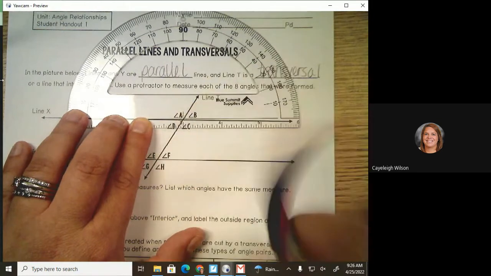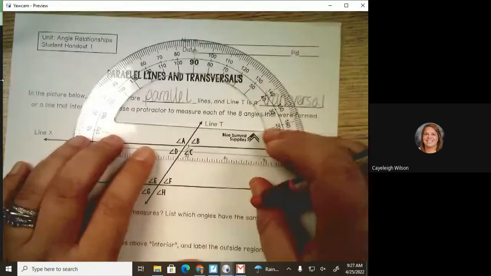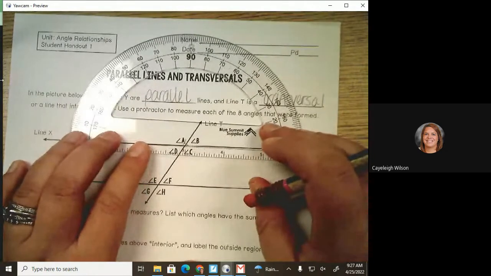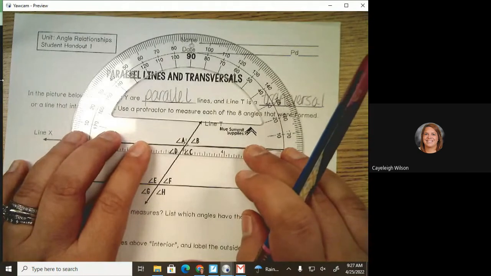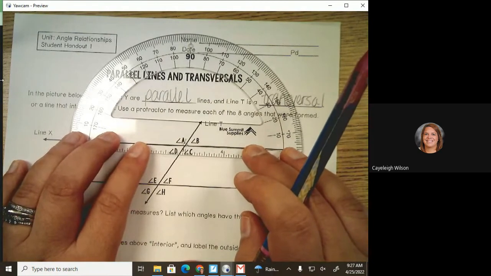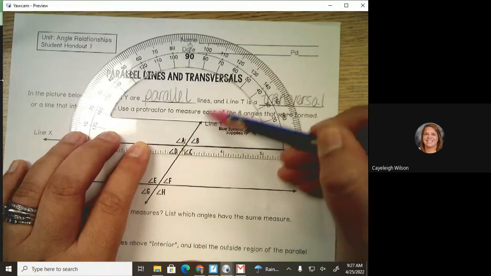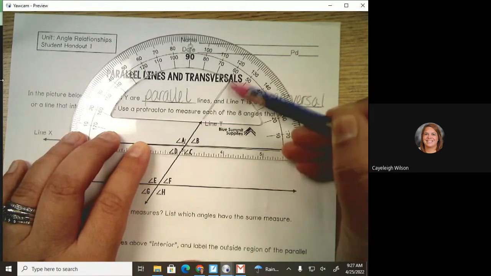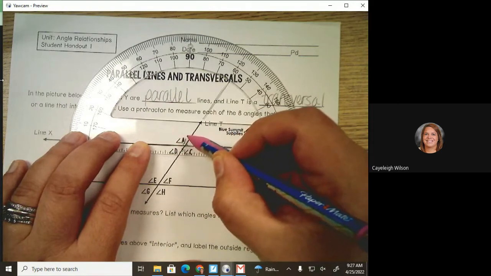This little circle is lined up perfectly on the angle. This black line goes on the line. And then when you follow that out, that tells me that this angle, angle A, is how much?